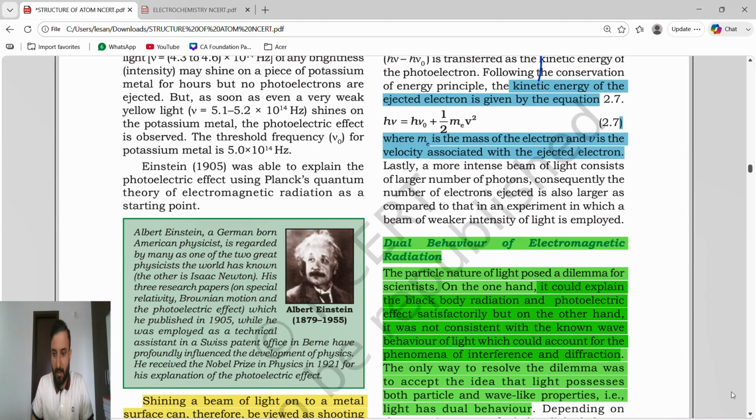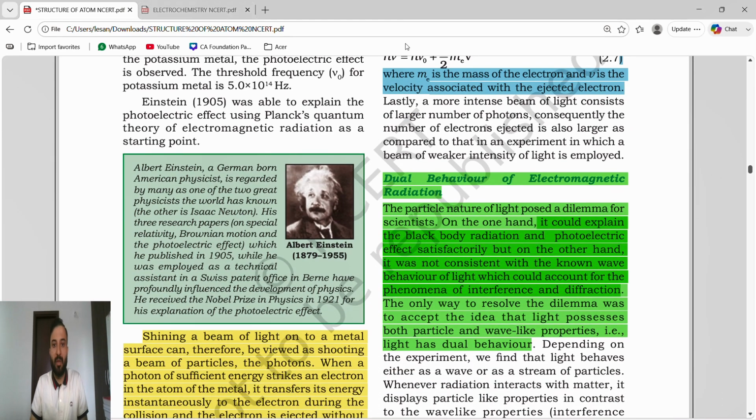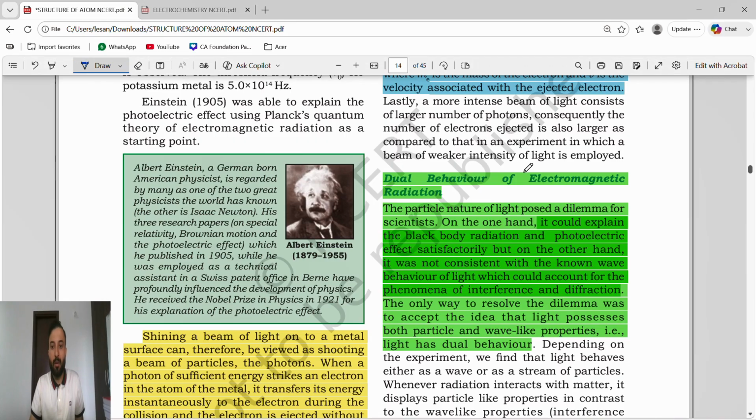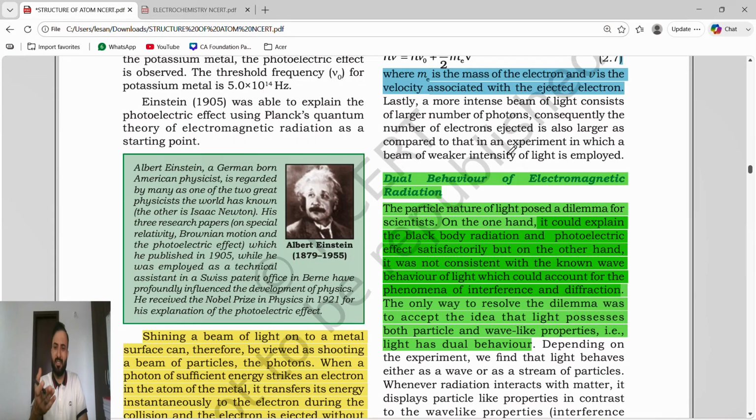Next, guys, you will see the dual behavior of electromagnetic radiation. This is nothing else, just what we learned, a quick revision. We studied the wave nature and the particle nature, it is an overview.